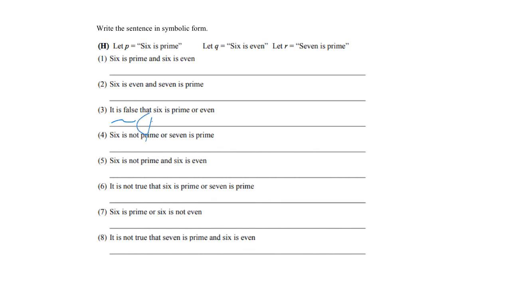Well, 6 is prime is P, and then or even, so 6 being even would be Q. So we're going to put our or symbol in between. It looks like that. So it is not true comes in the front, or it is false that 6 is prime or even goes in parentheses. Similar for number 6. It is not true, and then we have our parentheses, that 6 is prime or 7 is prime.